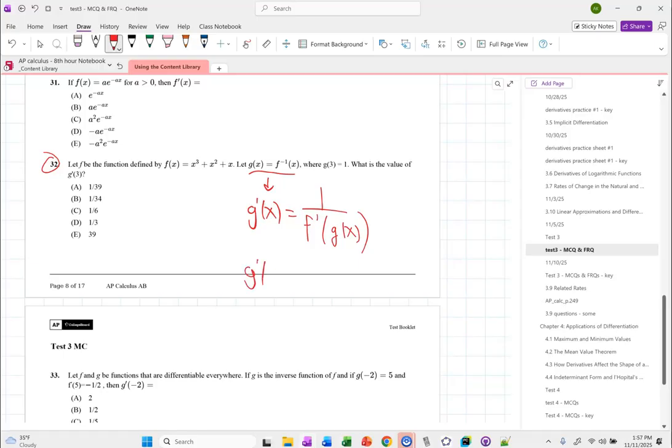So g prime of 3 is what I care about, so that's going to be 1 over f prime of g of 3. And I know g of 3 is 1, so I just need to do 1 over f prime of 1. Everybody feel okay there? How do I find f prime? Yeah, and it's one of the easiest derivatives you'll ever have to do, right? So f prime of 1 is going to be 3 plus 2 plus 1.